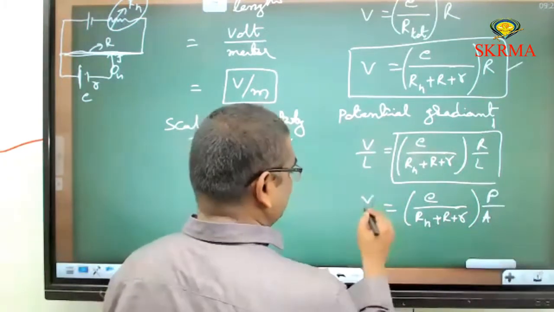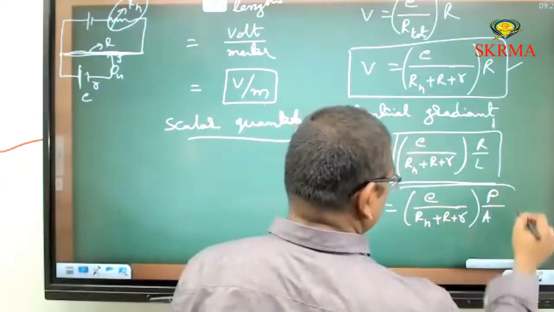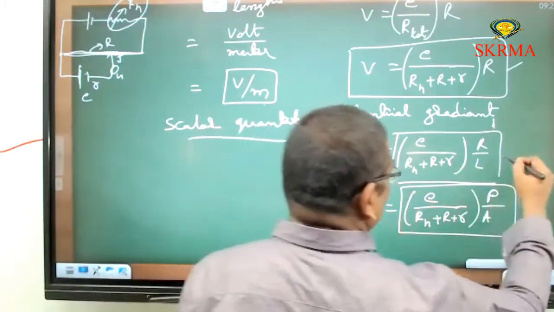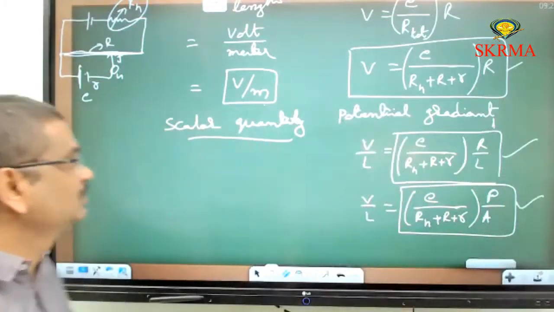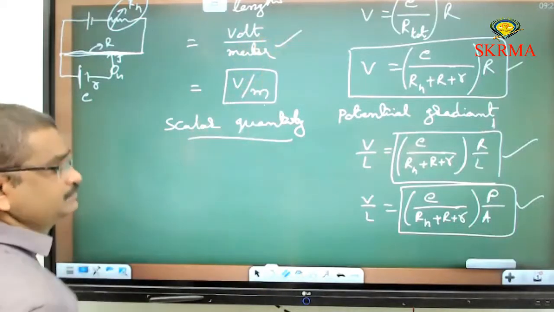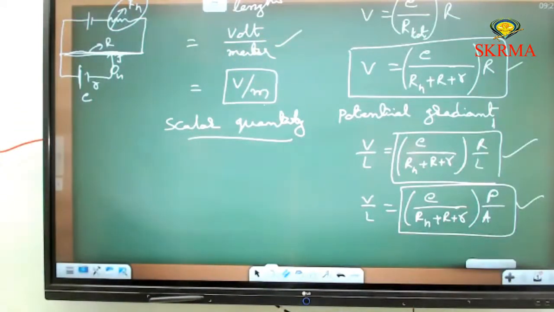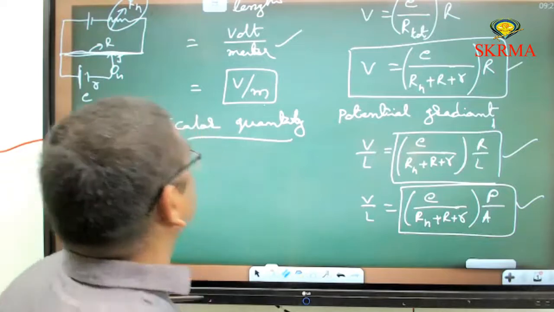This is the potential gradient V by L equation. This is also another equation. So the main equations are these two and this one. Potential gradient has a total of 3 equations.